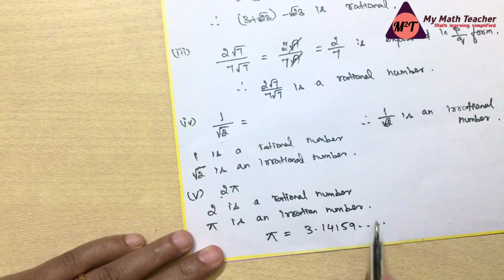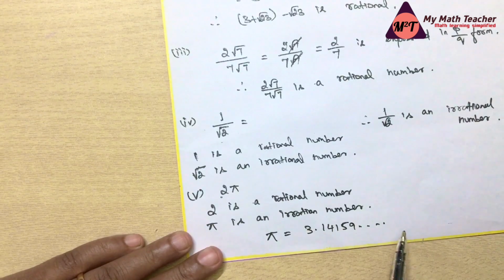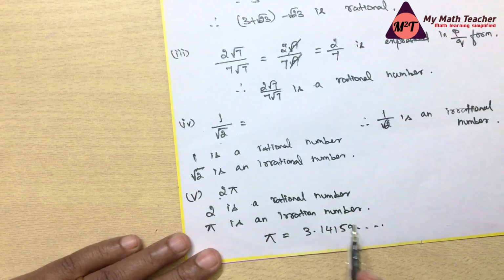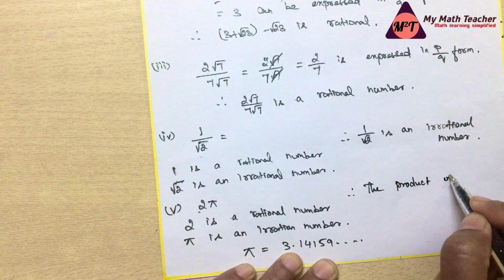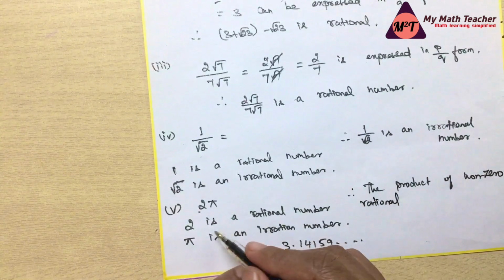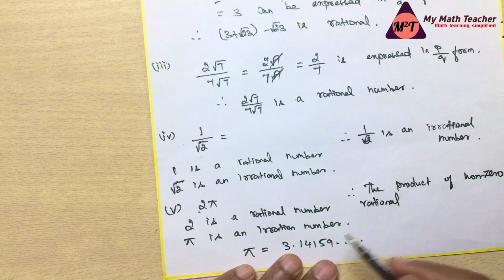So when you multiply this number by 2, the final outcome will again be non-terminating and non-repeating, which means the value of 2 pi will be an irrational number. A non-zero rational number, when you multiply with an irrational, the answer will be irrational only.